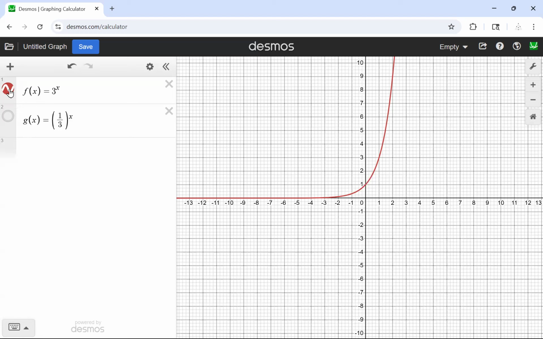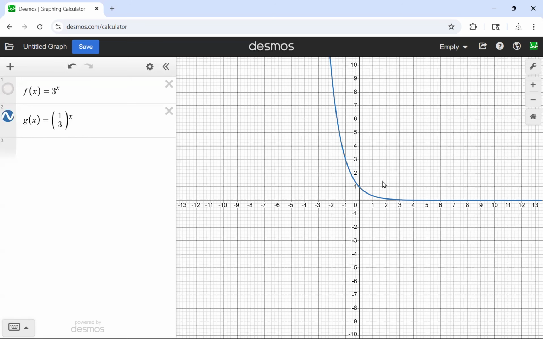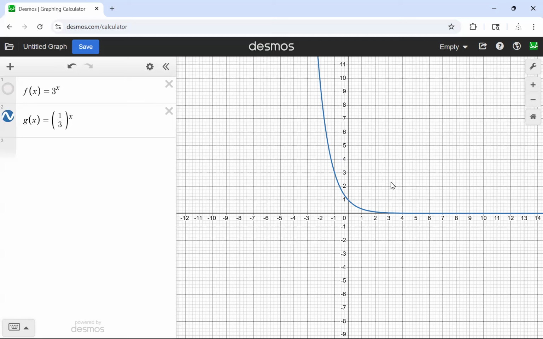Now, what's going to happen if we take our base to be 1/3? It turns out that when we graph g of x equals 1/3 raised to the x power, we essentially get 3 to the x, but flipped around the y-axis. So everything works in reverse now. As we get smaller inputs, it shoots off to infinity.